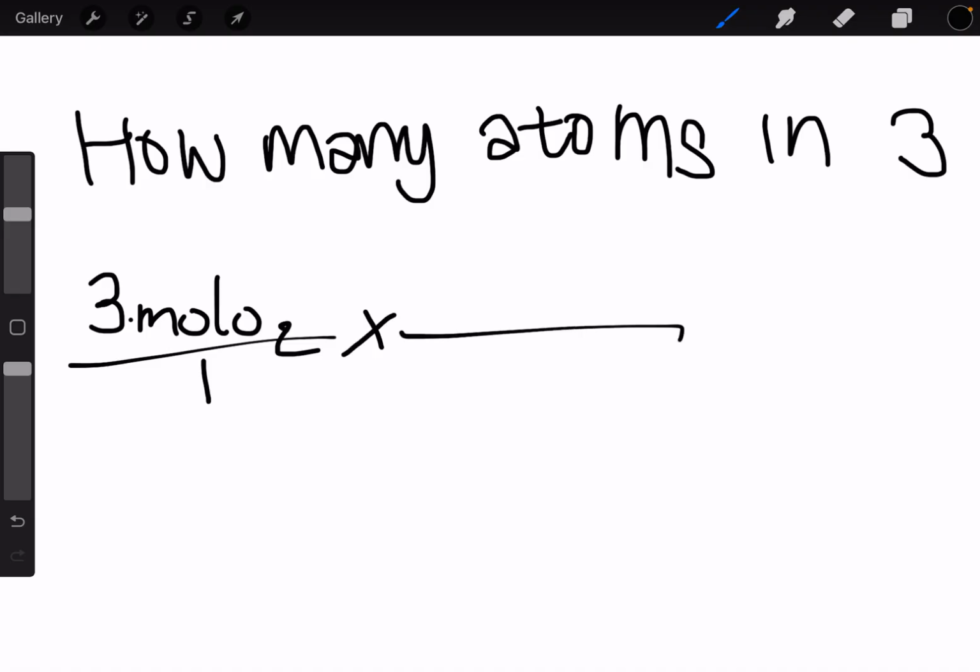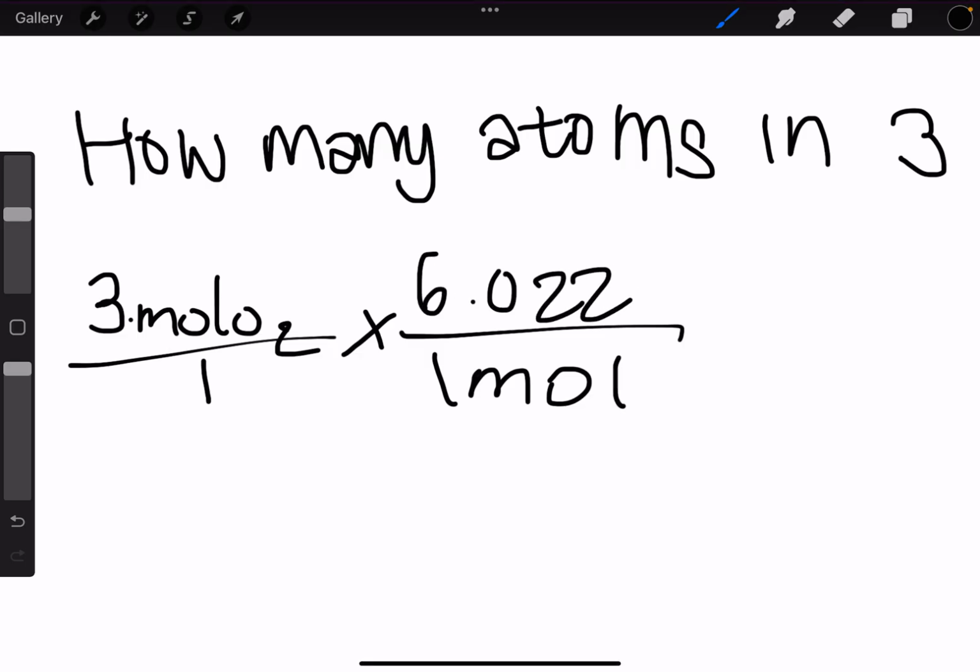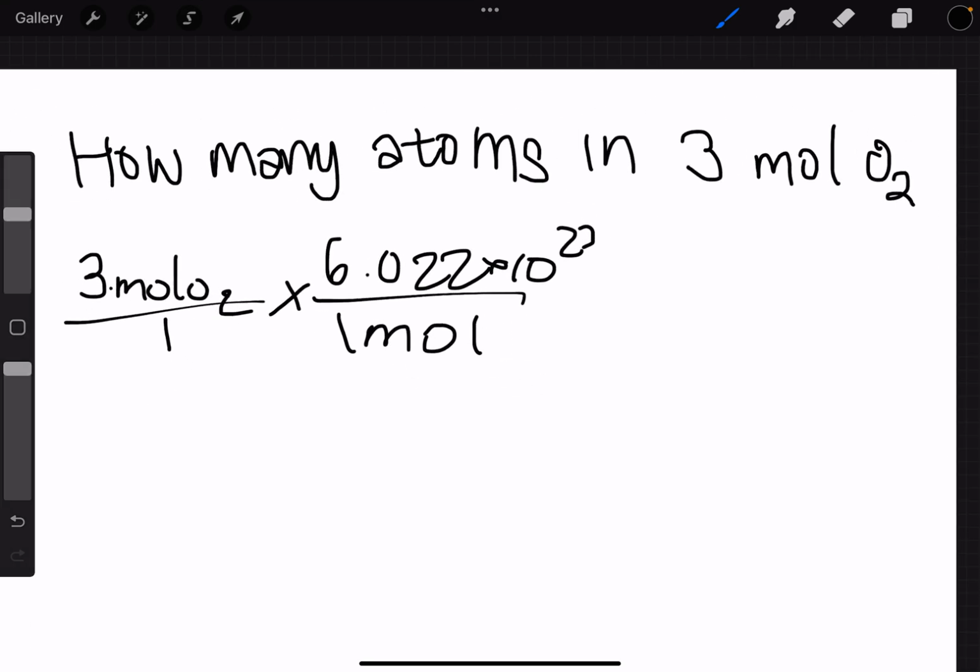So over 1 mole is 6.022 times 10 to the 23. And essentially, that just equals 1.81 times 10 to the 24 atoms if you use your calculator.